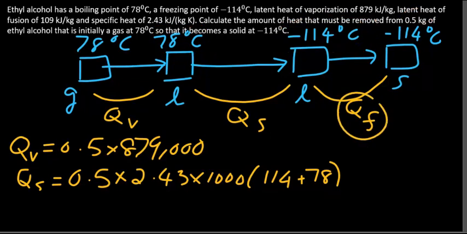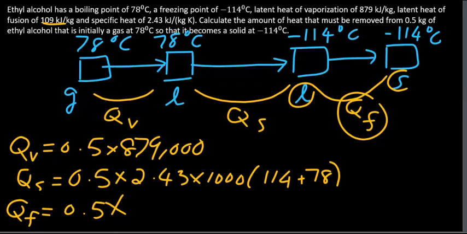Now the last term, Q_F, the latent heat of fusion. So again, the mass is 0.5 kg. And latent heat of fusion. It's latent heat of fusion because the phase change is from liquid to solid. And that is 109 kilojoules.